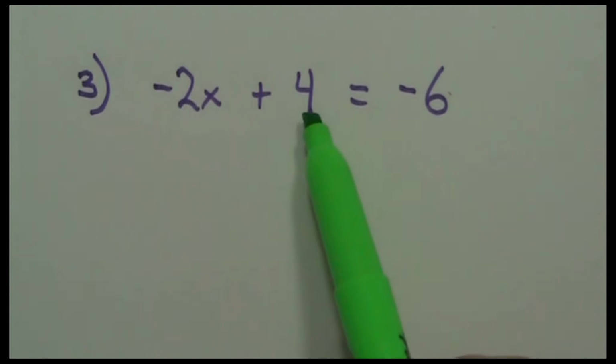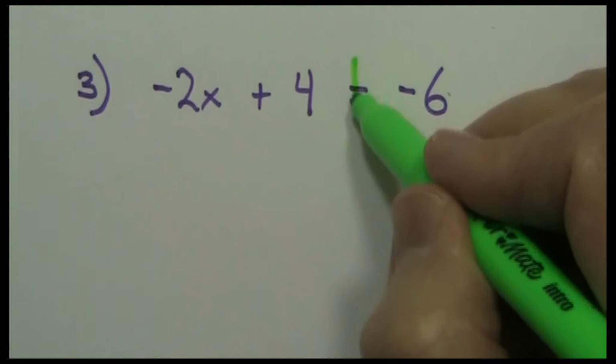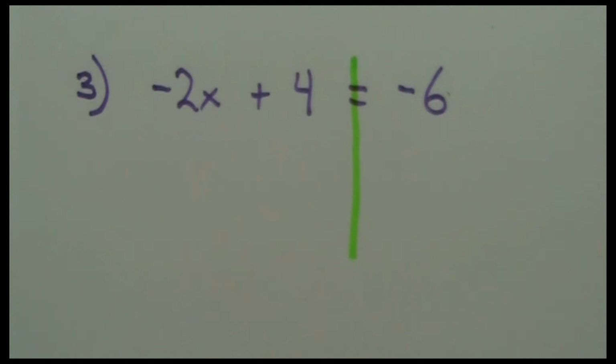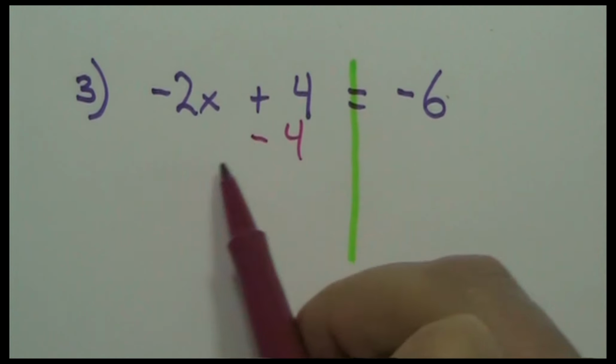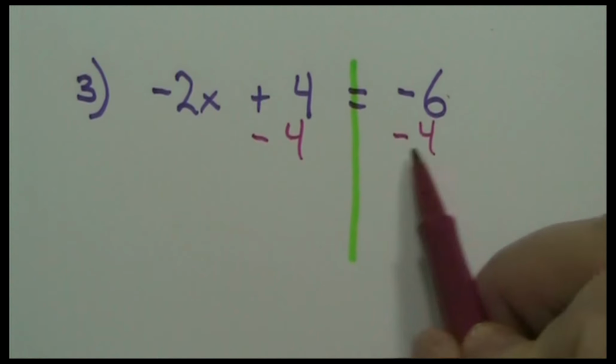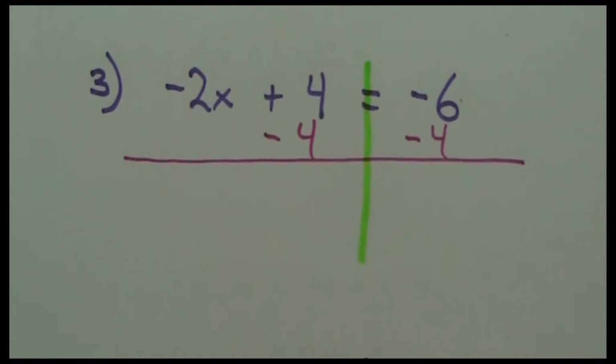Negative 2x plus 4 equals negative 6. So we have a left and right side. Okay, our first step would be to subtract 4 to make this into a 0. Right?